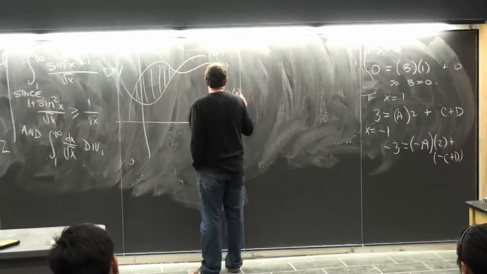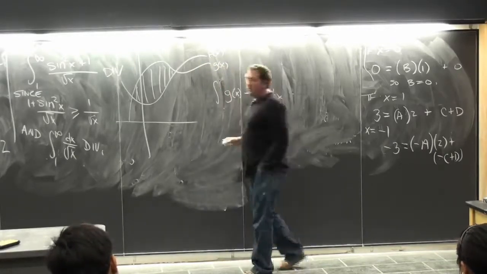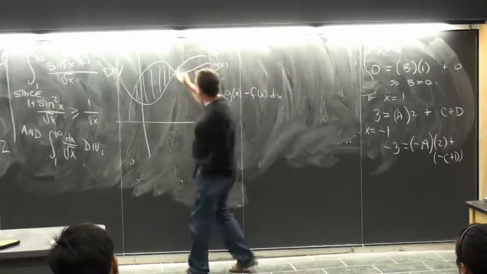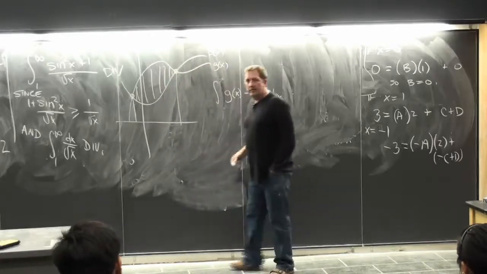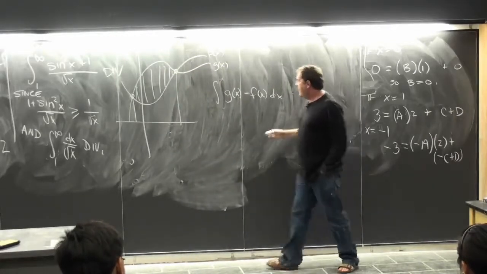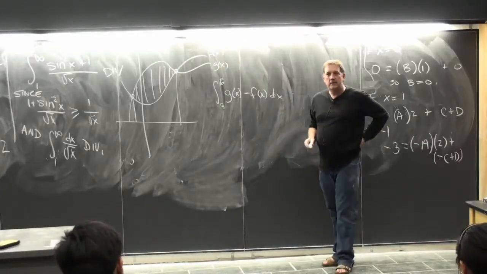So here g is on the top. The only hard thing is to figure out where they cross, but that's an algebra problem. So you often have to figure out what a and b are, to know where they cross.